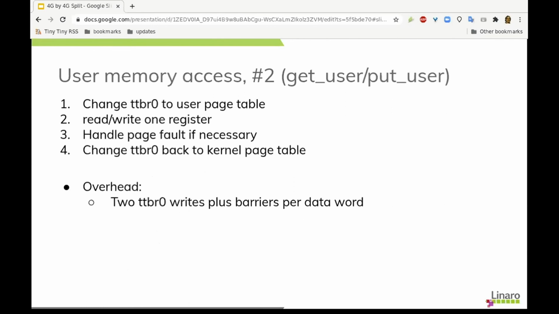We flip the page table, we do the access to the user pointer, and then we flip the page table back. The overhead isn't quite as bad if you're just reading one word as with the other approach. But you still have to store that page table base register and then have a barrier. So there's a significant overhead still, especially if you want to do this for a large copy rather than just one word.